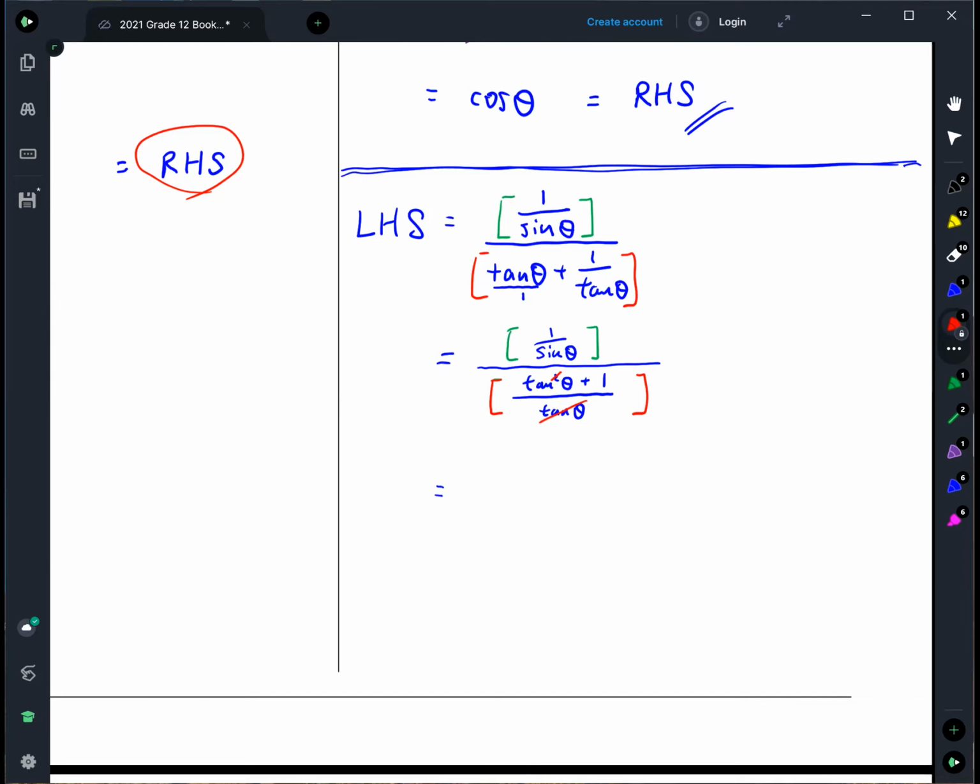Okay, then I need to know why. Can we or can we not? Can we cancel the tangent square and the tangent, simplify it like that? Okay, Angela, can we?